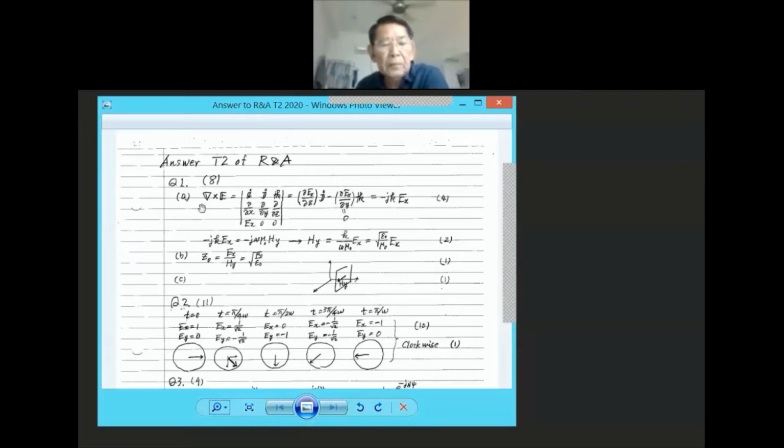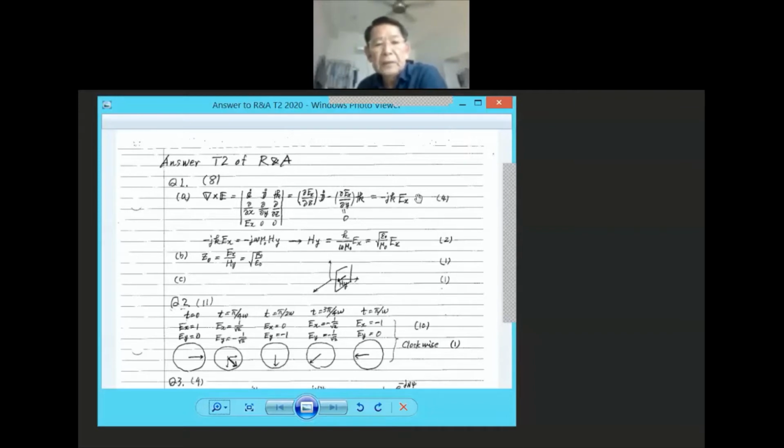So by calculating rotation E, it becomes only the EX component, jkEX. This I missed. This is j.